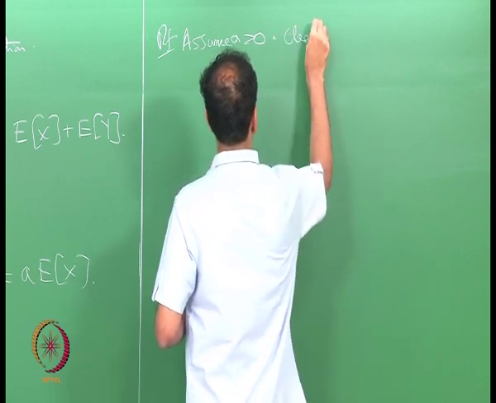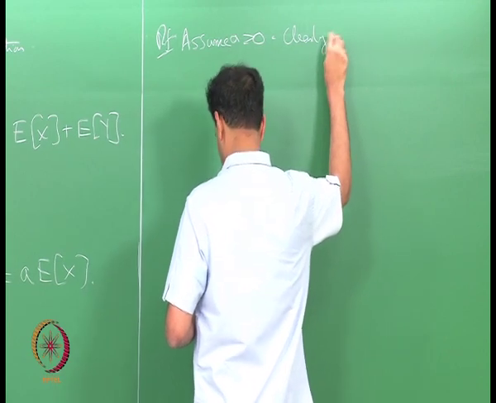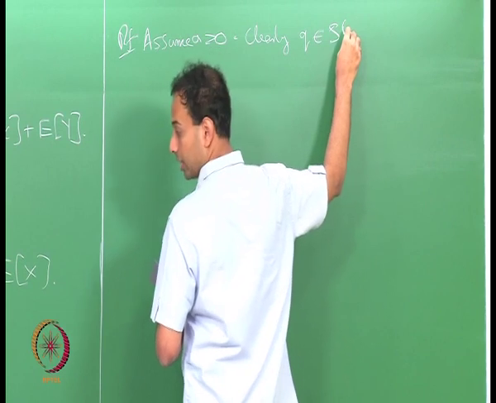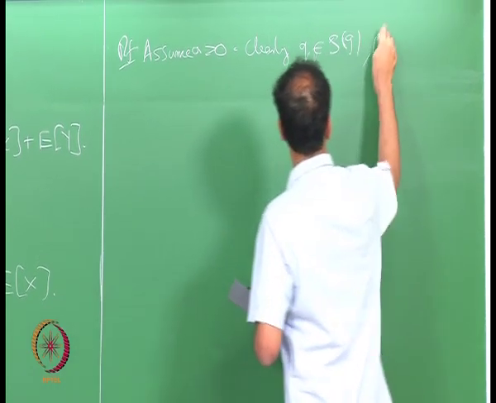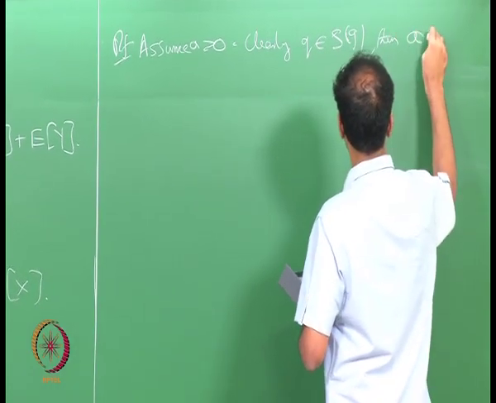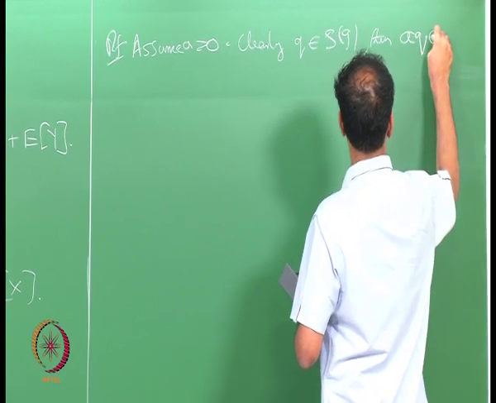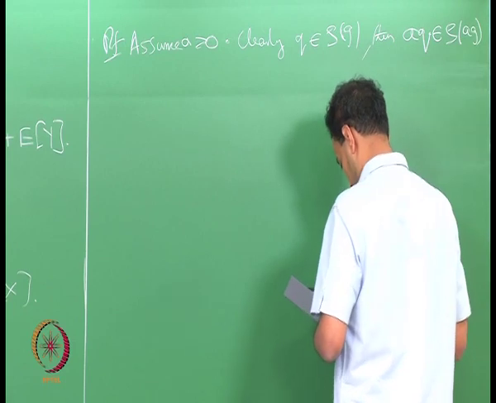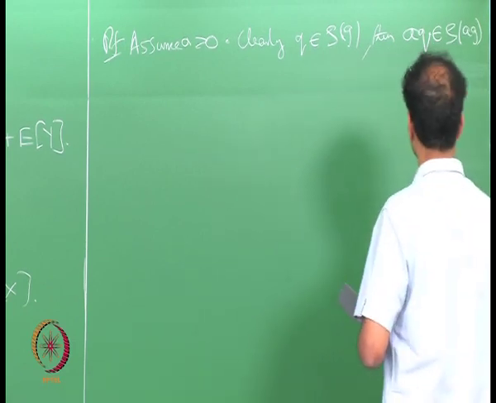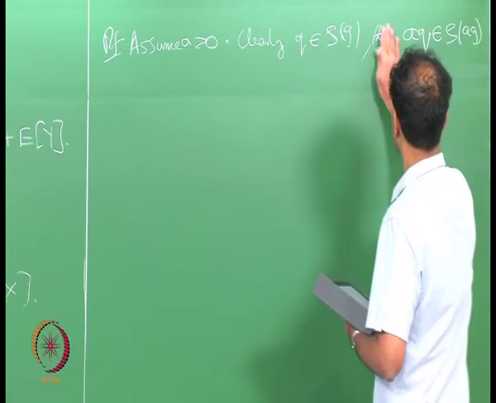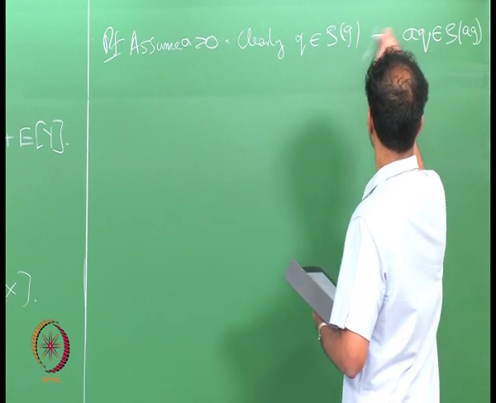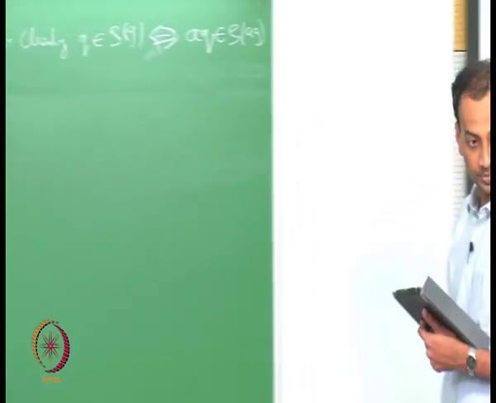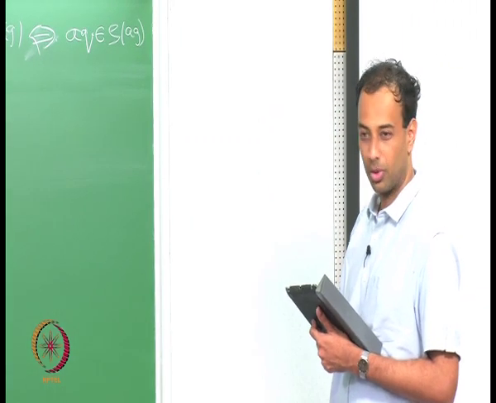Clearly, if q is in S of g, then a q is in S of a g. Actually, it is not just that, it is if and only if, as a matter of fact.